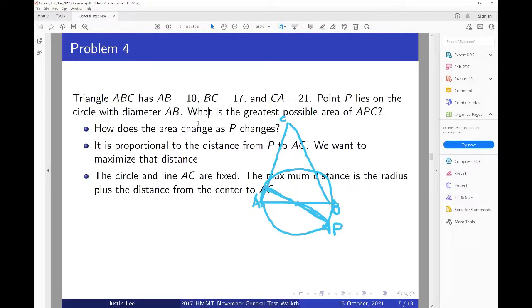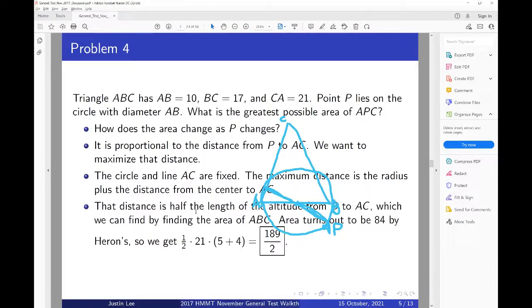So the distance from the center to that line AC is equal to half the length of the altitude from B to AC. And if we want to find the altitude from B to AC, we can do so by finding the area of ABC.